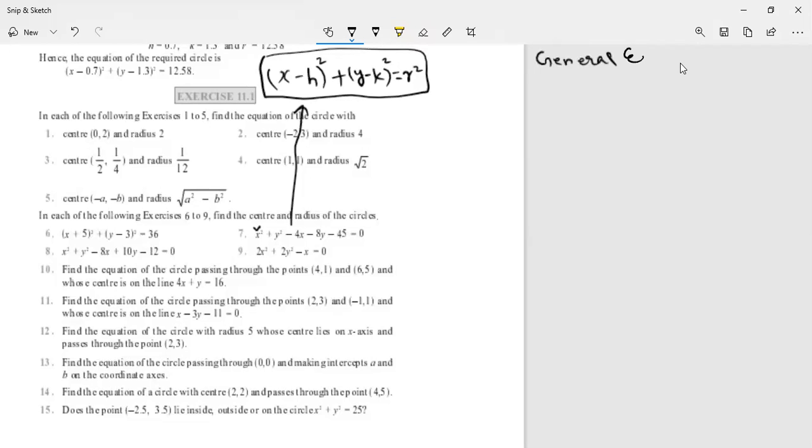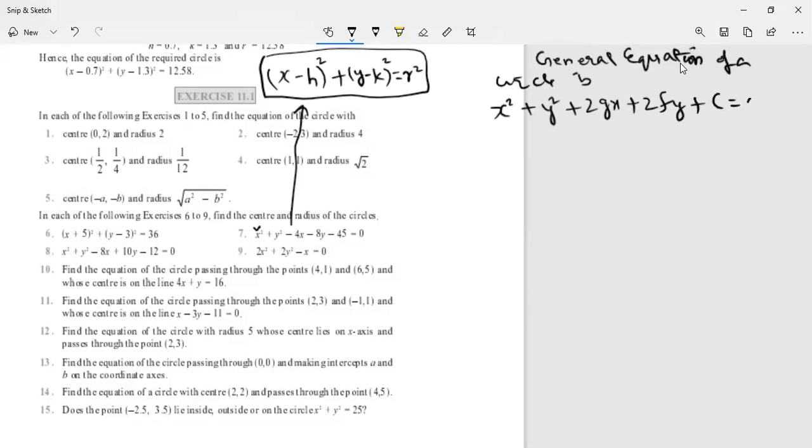The general equation of a circle is, you have to remember, x square plus y square plus 2gx plus 2fy plus c is equal to 0.